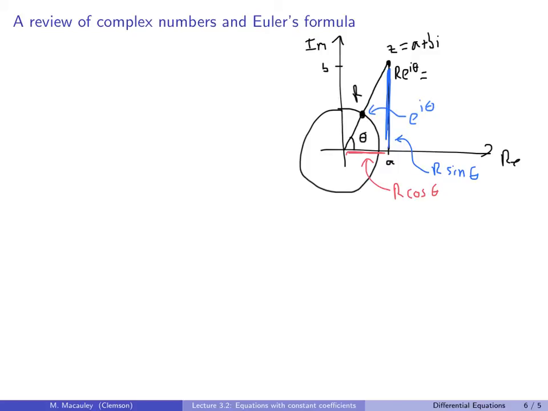So in other words, this is just r cosine of theta plus I times r sine of theta. So differently, a is equal to r cosine of theta, and b up here is equal to r sine theta.